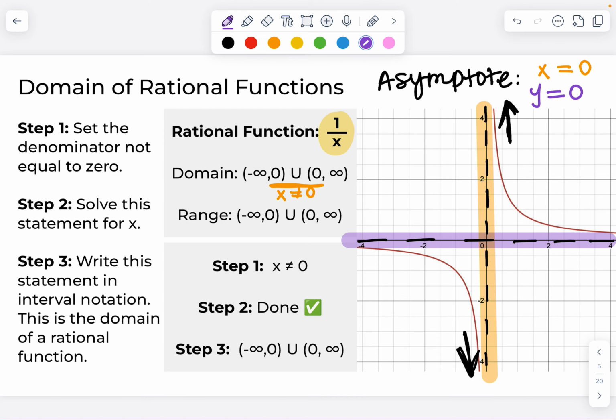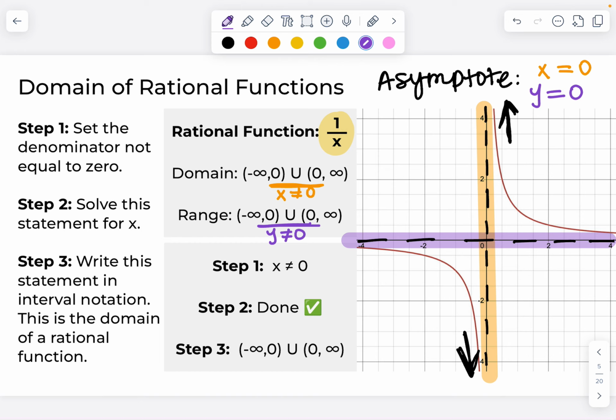Same thing here. y cannot equal 0, so that's why we have that jump between negative infinity and infinity. We have that gap where we can't equal 0, so we jump over it when we write out our range. So your vertical asymptotes impact your domain, and then your horizontal asymptotes impact your range.